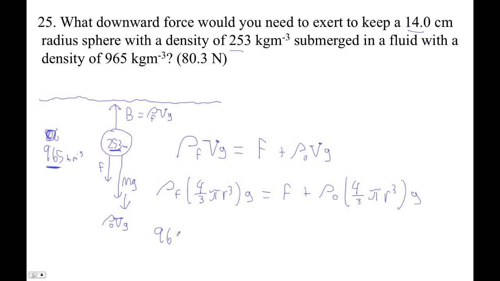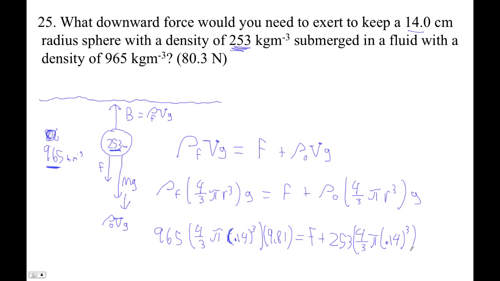We get 965 times 4/3 pi times 0.14 to the third, pretend I didn't draw an R there, times 9.81 equals F plus, and then the density of the object is 253 times 4/3 pi times 0.14 cubed times 9.81. Ta-da!